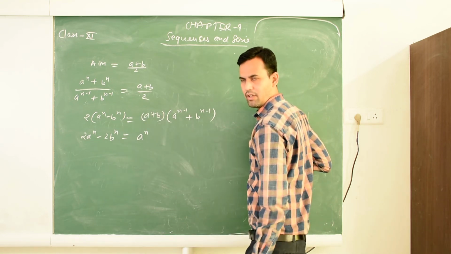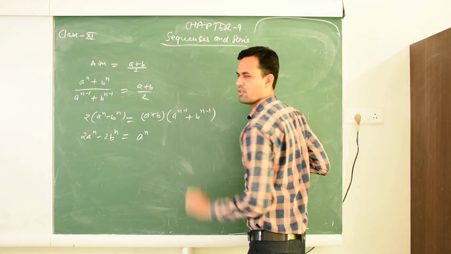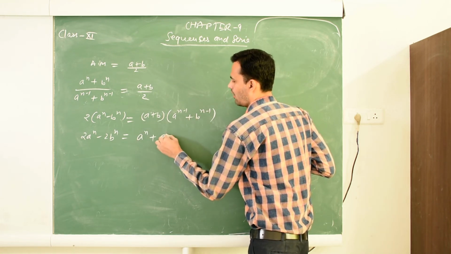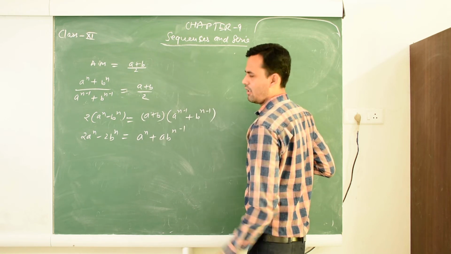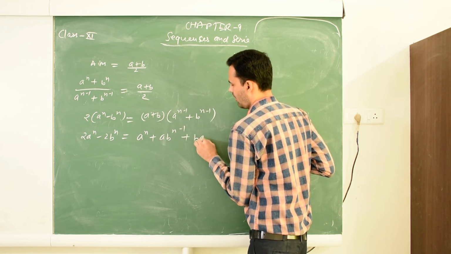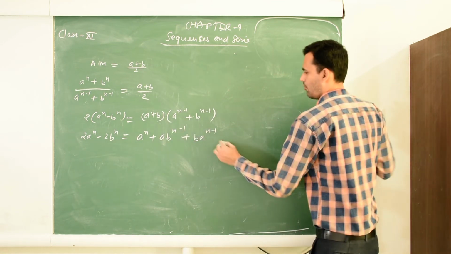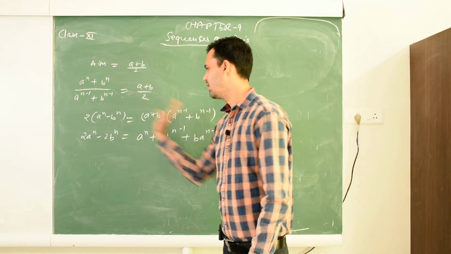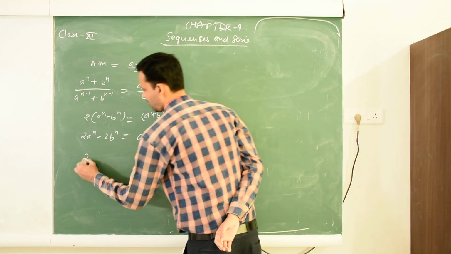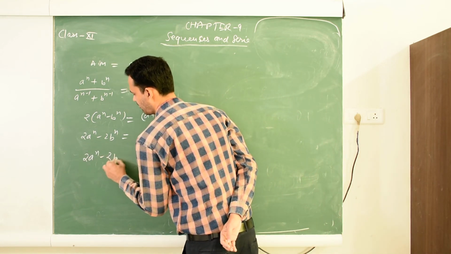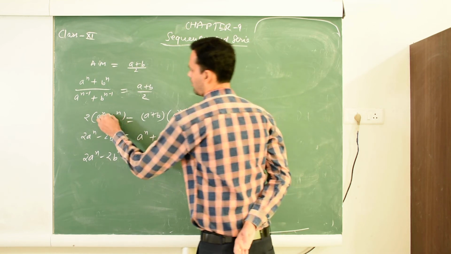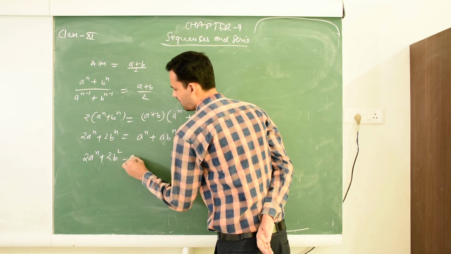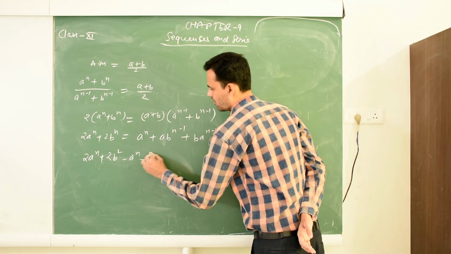Because here we have one power, so 1 plus n minus 1 means n, a to the power n, plus a into b to the power n minus 1, so a b to the power n minus 1, plus b a to the power n minus 1 plus b to the power n. So a to the power n and b to the power n on the LHS have plus sign, and on the other side a to the power n is minus and b to the power n is also minus.